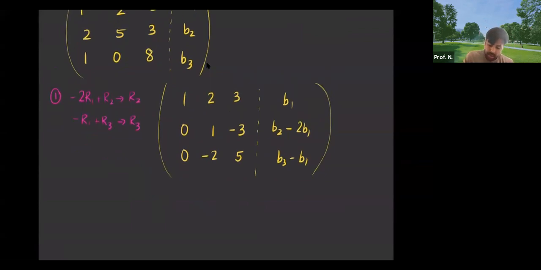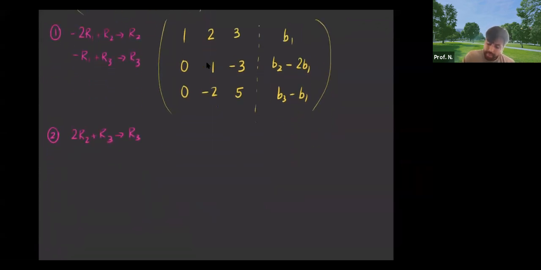And then the next step is 2 row 2 plus row 3 becomes row 3. So this is 1, 2, 3, 0, 1, -3. This is B1. This is B2 minus 2B1. This is 0. This is 0. 2 times -3 is -6, and -6 plus 5 is -1.